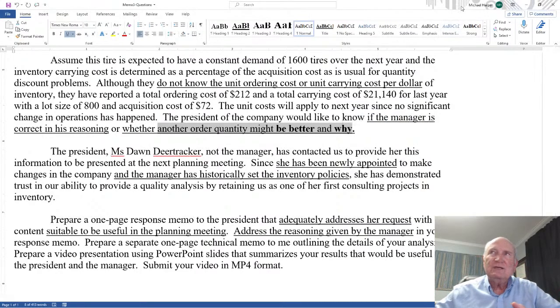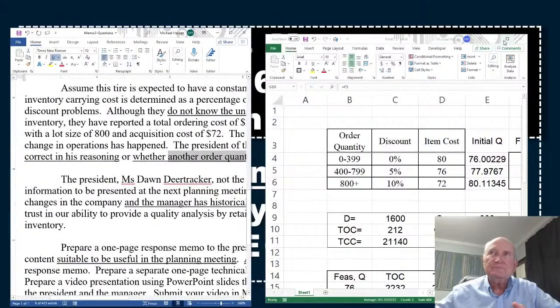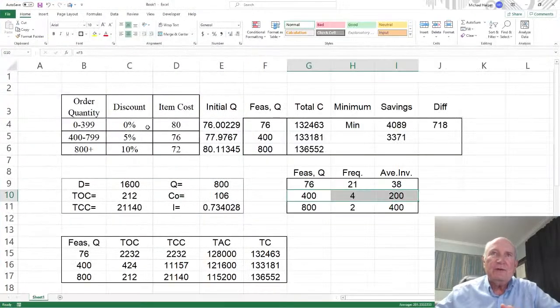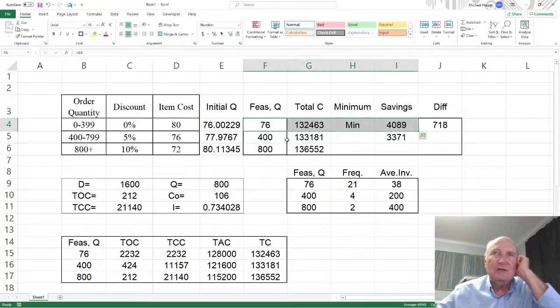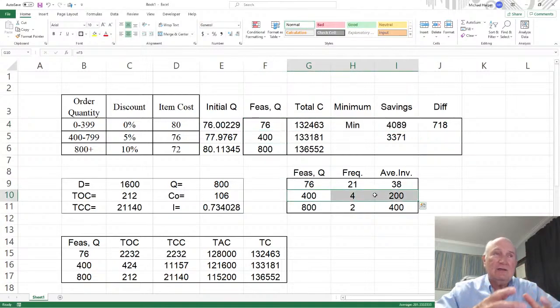In other words, let's come back to this. There are three ways to go: 76, 400, and 800. Why is this good? Why is this good? Why is this good? Okay, and so you're giving options, and you're giving why they're better, and then you're comparing them and letting them make the decision.